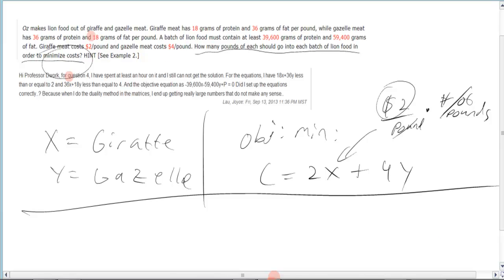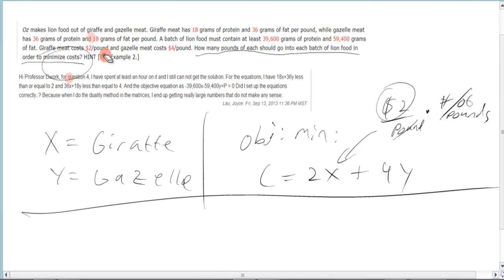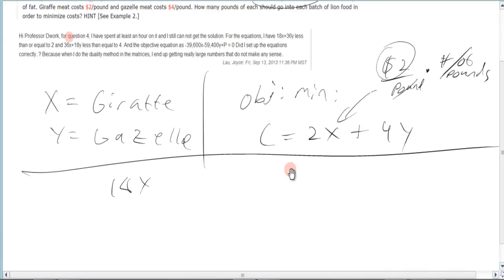Okay, so now for our constraint equations, these should somehow relate the other values. One of our constraints is protein, and we need 39,600 grams of protein. So I'm going to write a protein equation. So 18 times x, and again using unit analysis, we can see what that means.